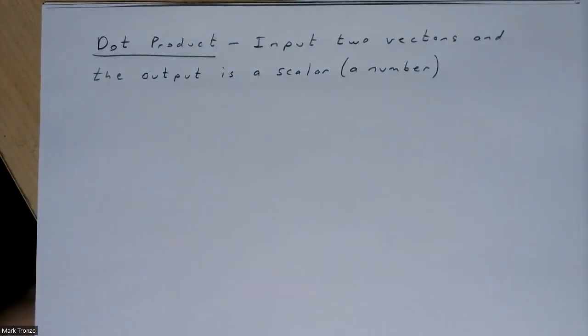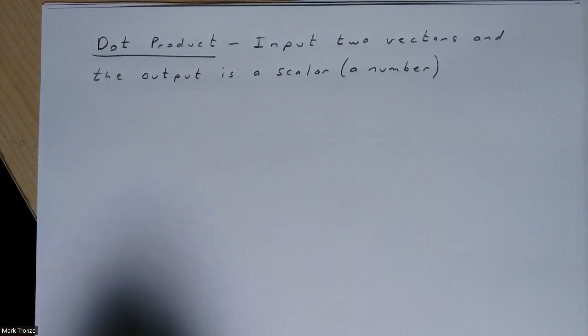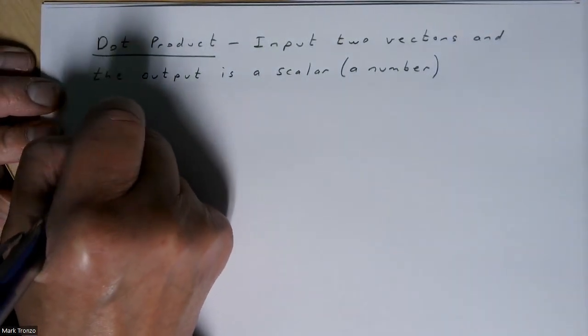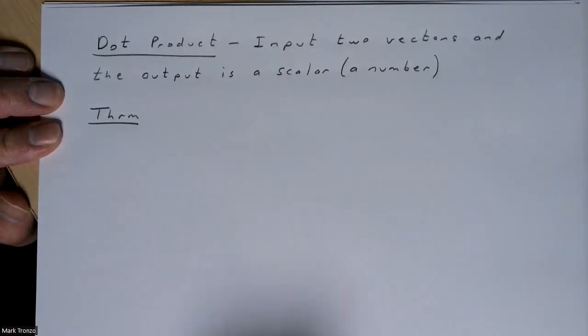And something very interesting is that if the dot product of 2 vectors equals 0, then the 2 vectors are perpendicular. In fact, you can actually say it as an if and only if.